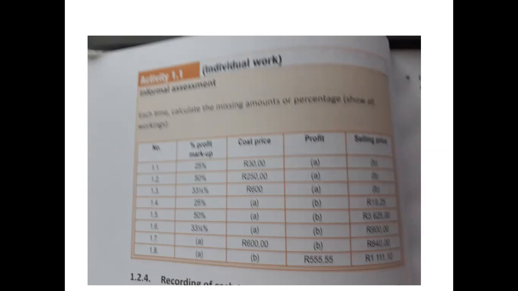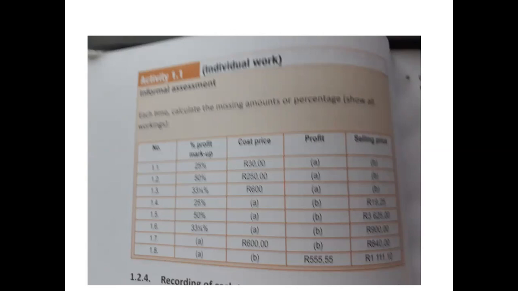So you multiply it with 100 plus the percentage, which is 125, and divide it by 100 to get an answer. And then the profit amount is just the difference between the selling price and the cost price.